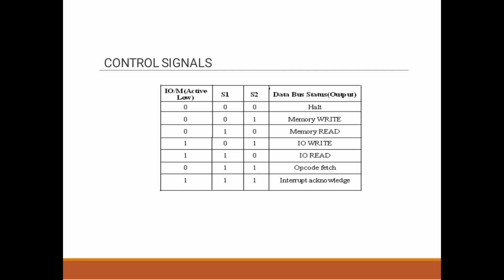And 0 1 0 means memory read operation, 1 0 1 is IO write operation. If the IO/M signal is 1, S1 is also 1 and S0 is 0, it is IO read operation. 0 1 1 means opcode fetch operation. If all three signals are active, that is 1 1 1, it is interrupt acknowledge.